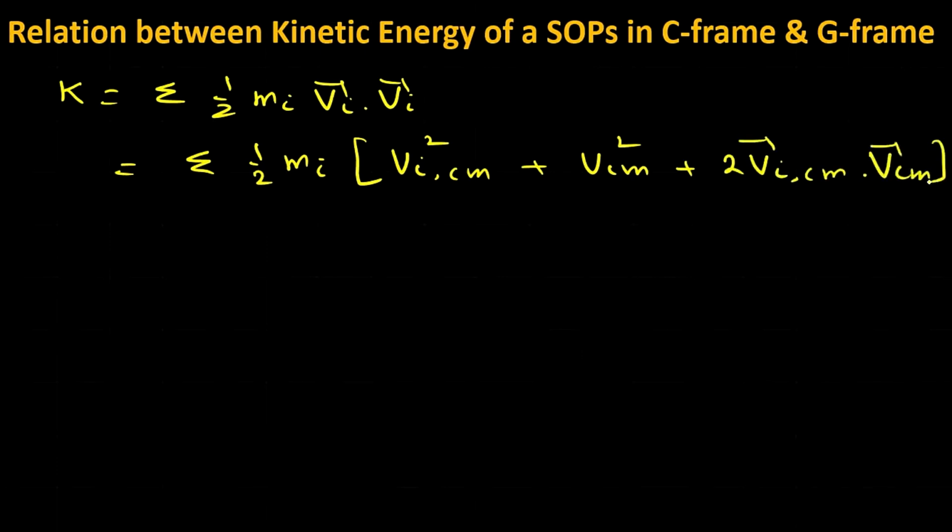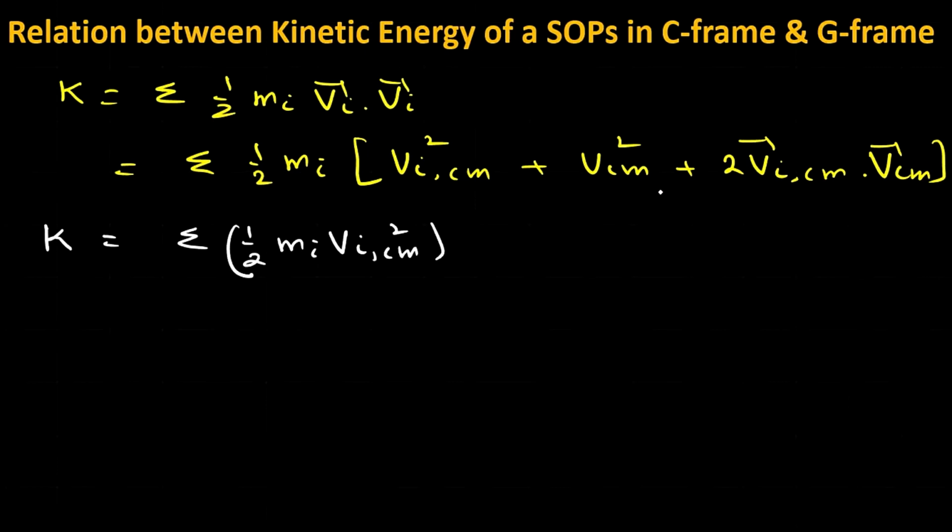Some rearrangement will lead to K equal to the summation of half mi vicm squared. That is the first term.